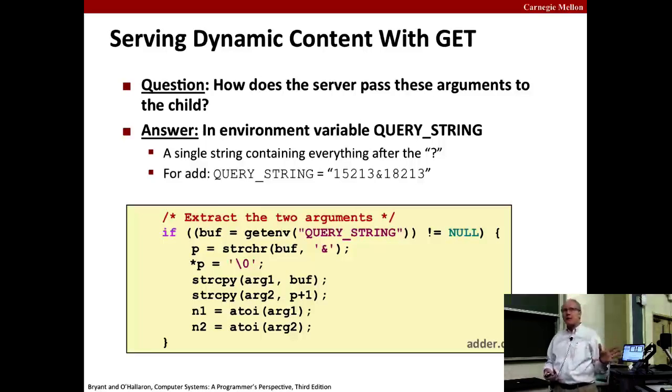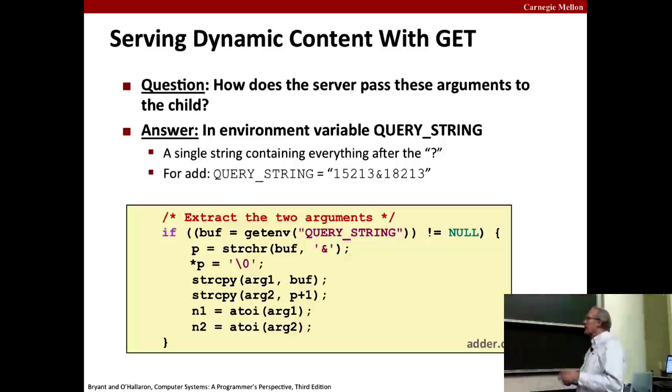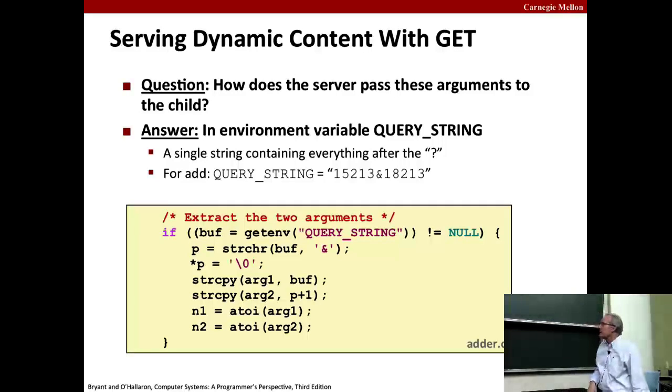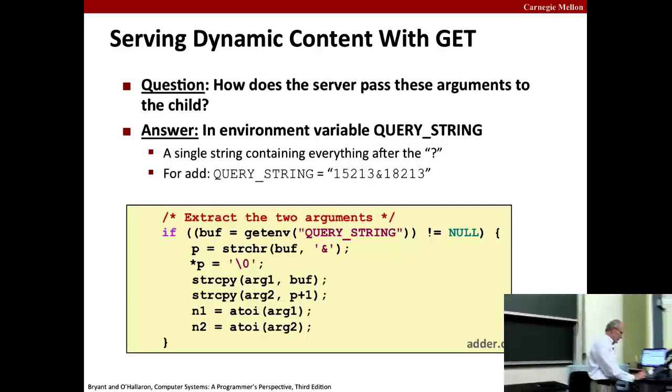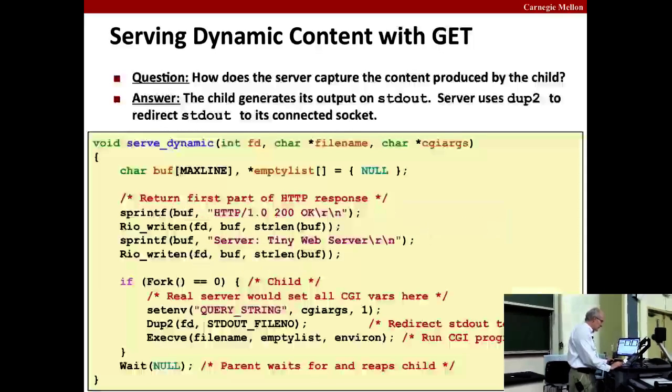You can already see, hey, wait a minute, what if you were running multiple servers at once? You can see you've got a problem here. But actually, no, environments are specific to particular processes, so this will work. So for the application program, we'll be able to retrieve from the operating system, essentially, what arguments are being passed to it.